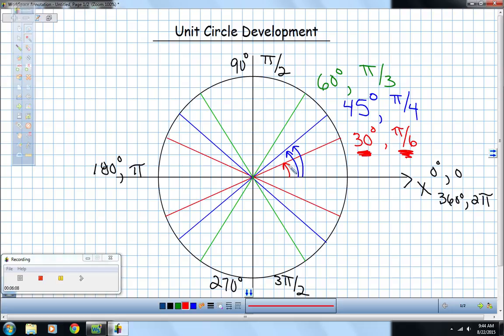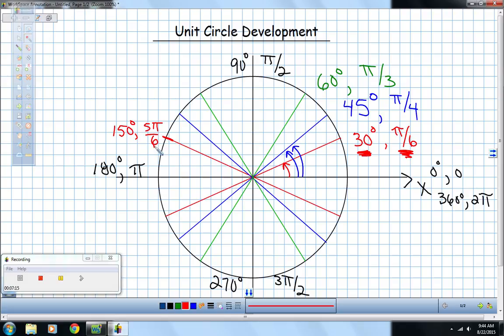Follow closely. In the second quadrant, here is where the terminal side also has a 30-degree angle with the x-axis. So wouldn't that mean that we are 30 degrees away from 180, or we are at 150 degrees? Or I could say we are pi over 6 radians from pi, which would be 5 pi over 6.